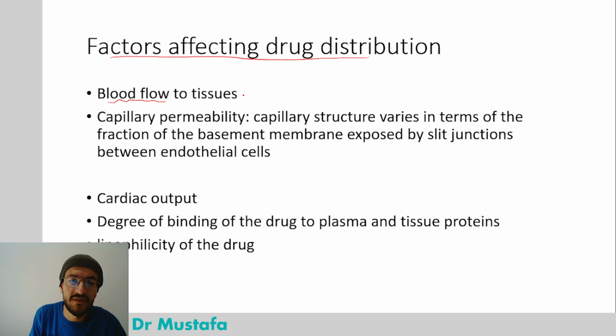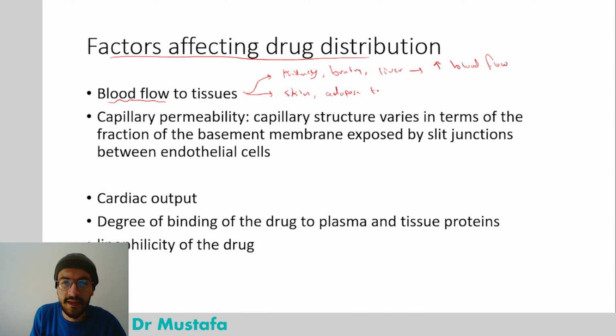Some tissues, like the kidney, the brain, and the liver, have a high blood flow in comparison with the skin, adipose tissue, and skeletal muscle, which have lower blood flow.